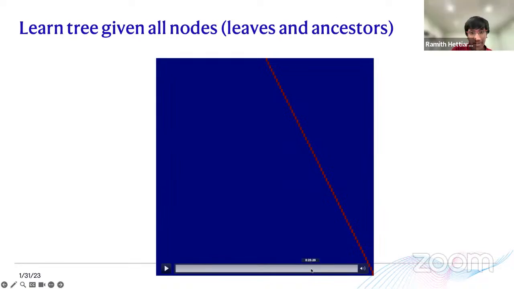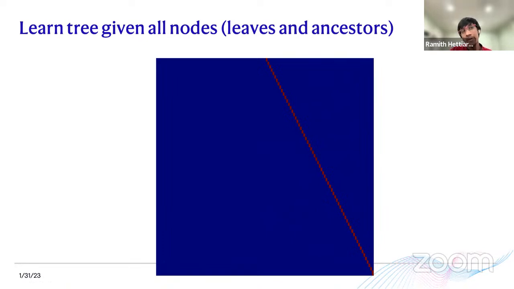Yes. Here I generated a ground truth tree topology. How I did that is I started with a random sequence, made two copies of it, and at each bifurcation I added a constant number of evolutionary mutations.